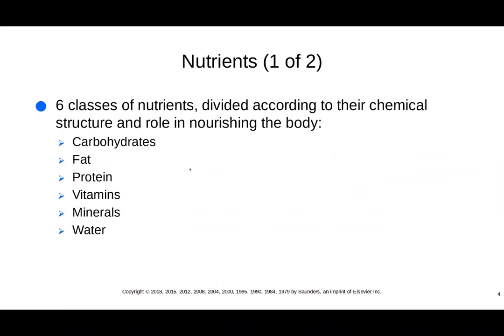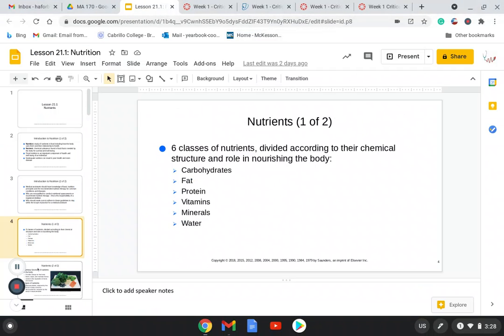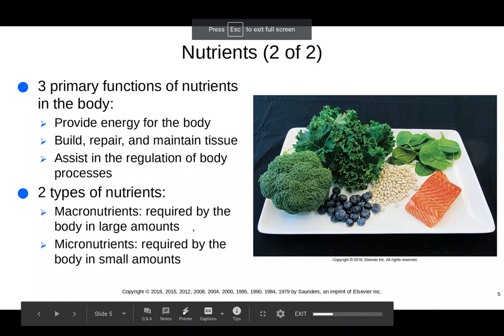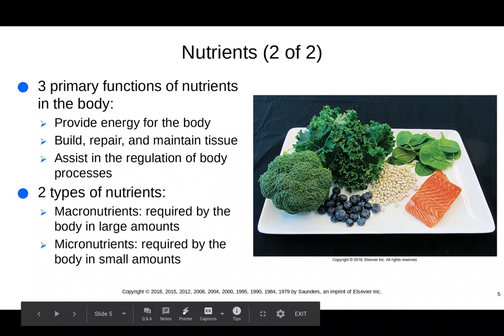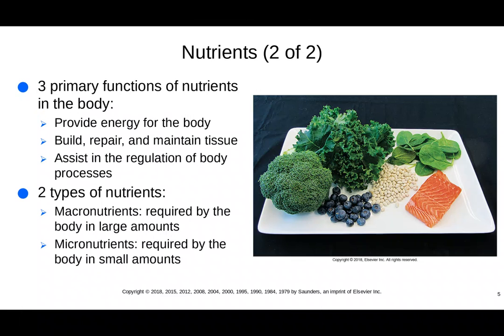So nutrients, there are 6 classes of nutrients divided according to their chemical structure and role in nourishing the body. There's carbohydrates, fat, protein, vitamins, minerals, and water. So the 3 primary functions of nutrients in the body are to provide energy for the body, build, repair, and maintain the tissues in the body, and assist in the regulation of our body processes.